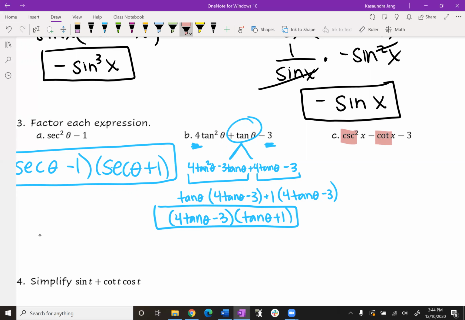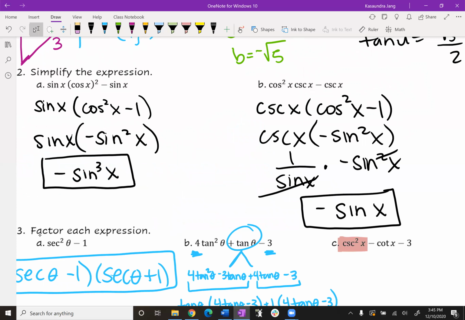I've got a cosecant and then a cotangent. So I think I've got a little work to do on this first. Maybe the fact that this is a cosecant squared. Remember what I did up here whenever I saw a cosine squared or a sine squared? It made me think of that identity. And I think we have one for a cosecant squared as well.